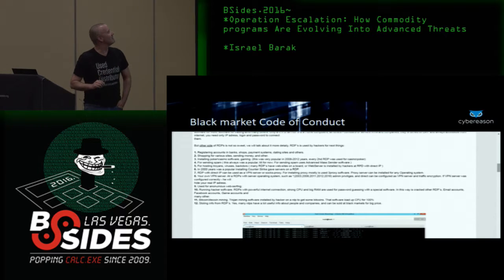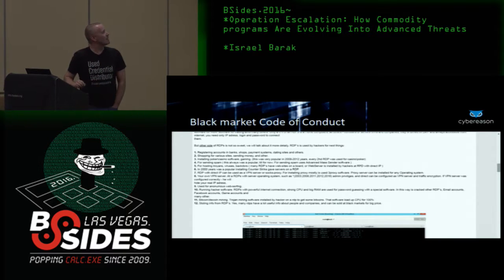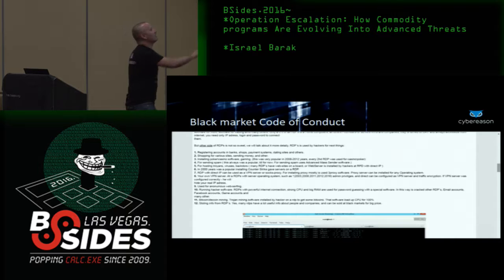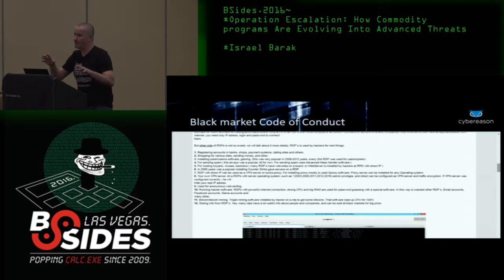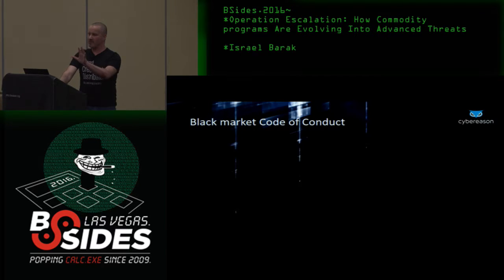I think it's interesting to see that last line here, just as an anecdote, of stolen info from RDPs. Yes, many RDPs have a lot of useful info about people and companies and can be sold at black markets at a big price. Again, a thick Russian accent there. You can kind of imagine the writer there. But that's the first part, a value proposition.